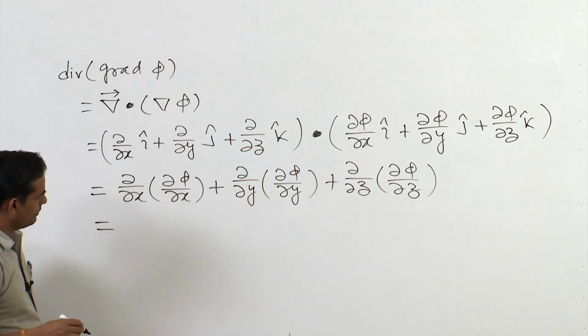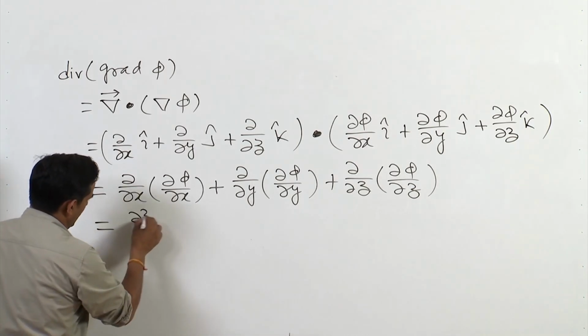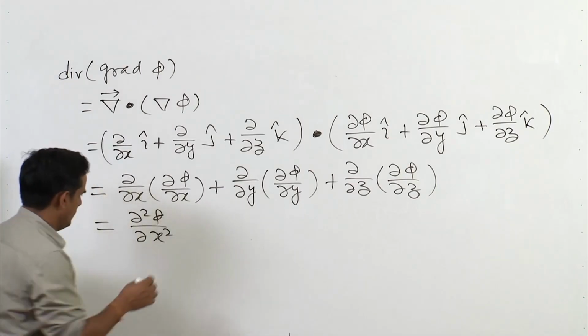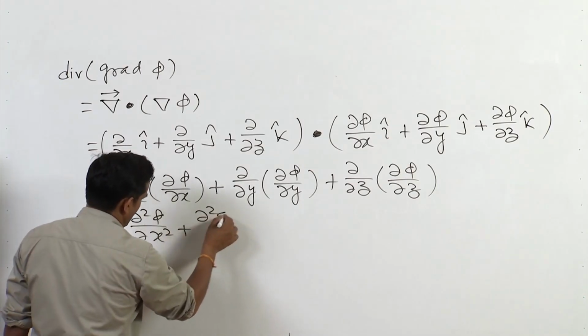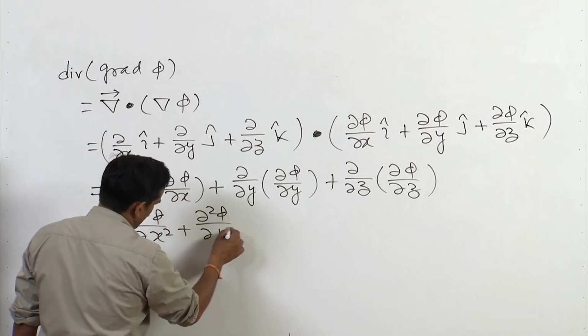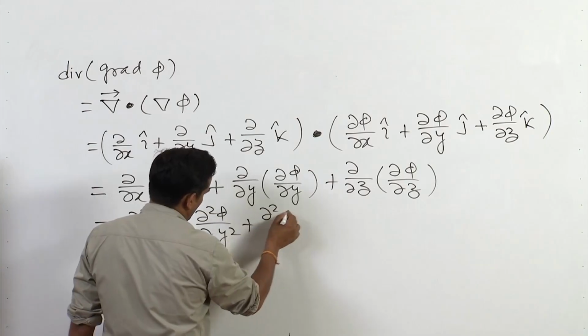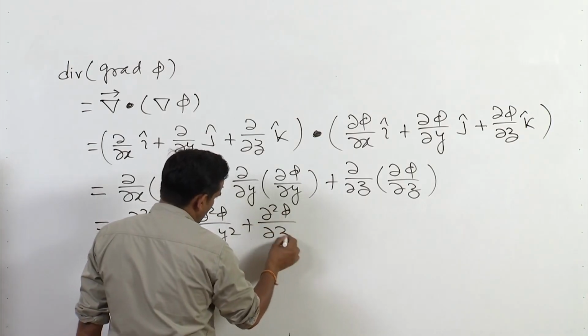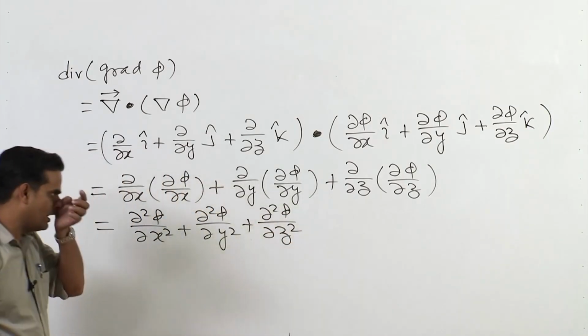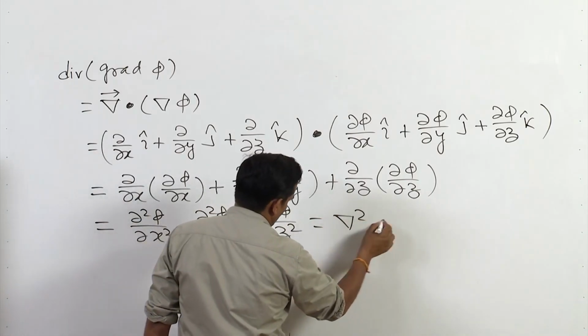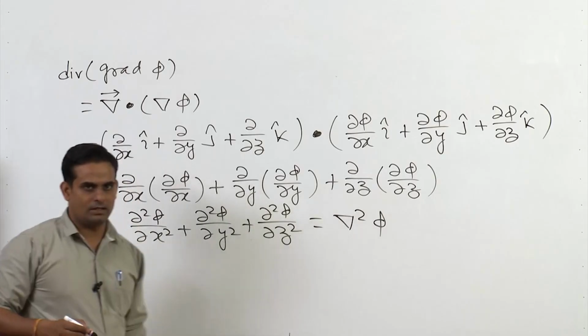This comes out to be del square phi over del x square plus del square phi over del y square plus del square phi over del z square, and I can denote this with this notation.